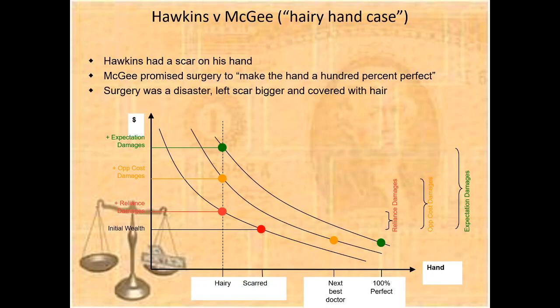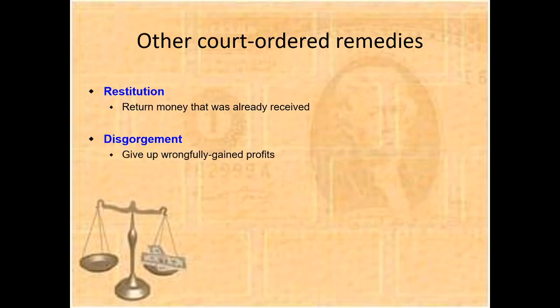So in the expectation damage case, that is the highest cost, which always goes on the other side, which is the 100% perfect case, right? Then you have this ranking of expectation damage, opportunity cost damage, and reliance damage, which has been given on this side. So you can look at the size and say which one you like, and what kind of investment we are going to make or contract we are going to enter into.